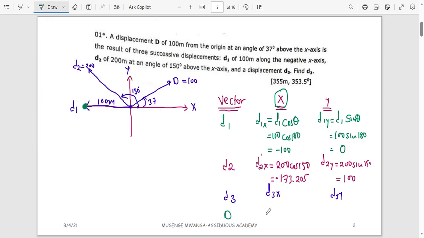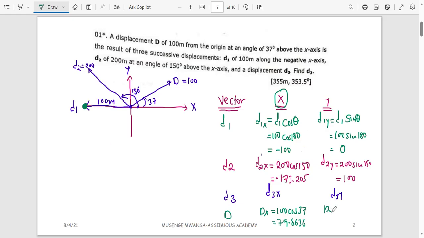And then we are going to go to the resultant, which is D. So the x component of D, that will be dx. We are going to say D itself, the magnitude is 100. And then cos. The angle is 37 there, if you can see the angle that we've used. So we are saying 100 cos 37. And that has given me 79.8636.